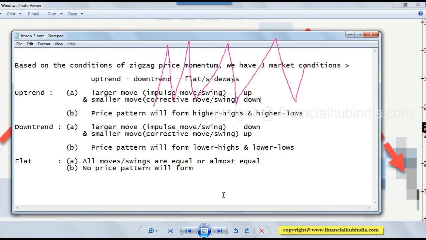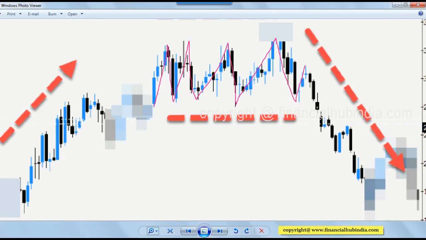No. We're saying all moves or swings are equal or almost equal. So point A is matching for a flat market. And point B is no price pattern will form. It means there will be no higher highs, higher lows, no lower lows, lower highs. Even that criteria is also matched, and we are moving in a range, so it's a flat market condition.